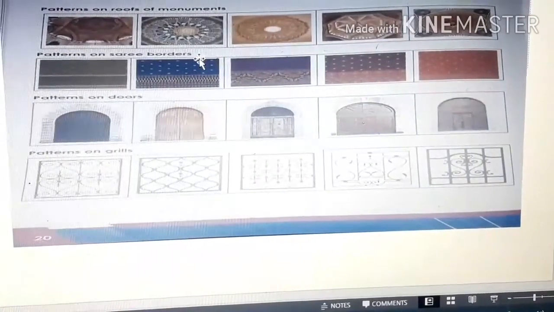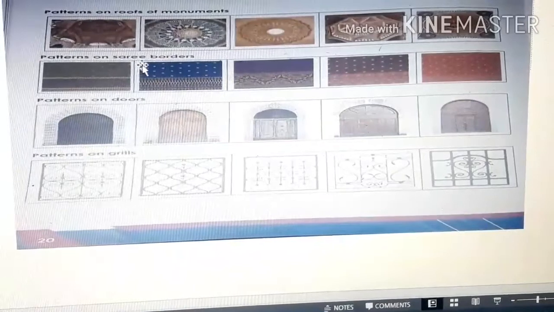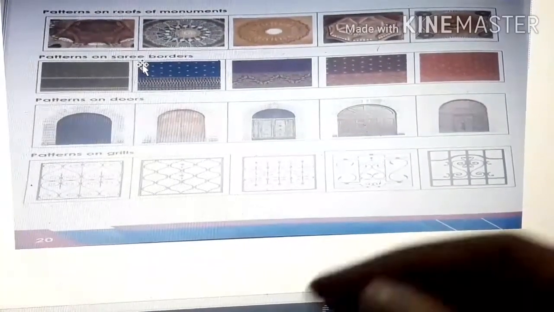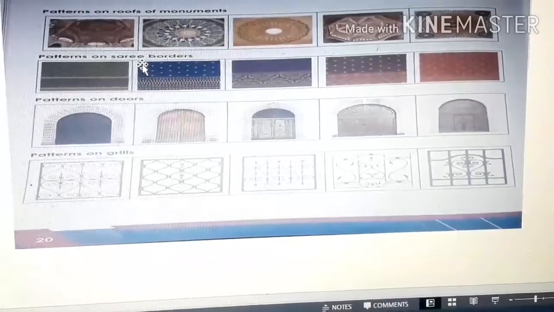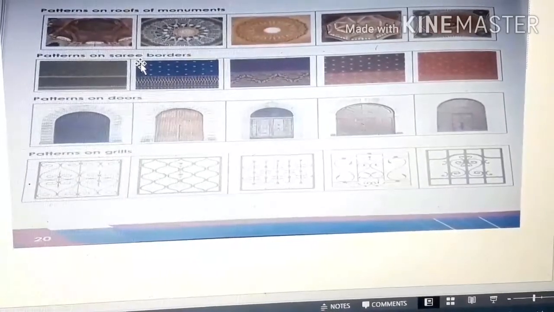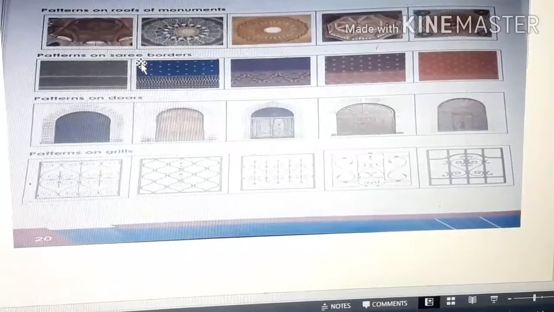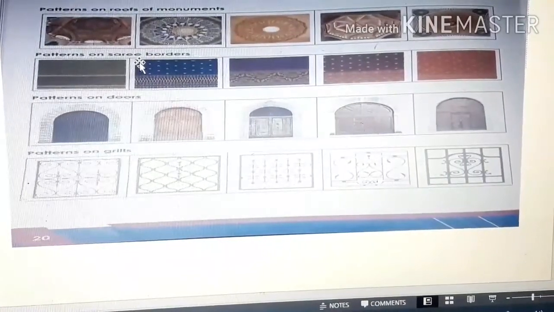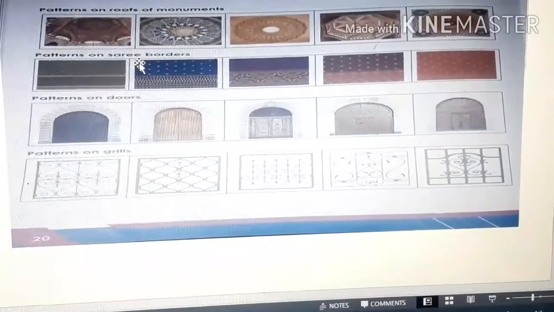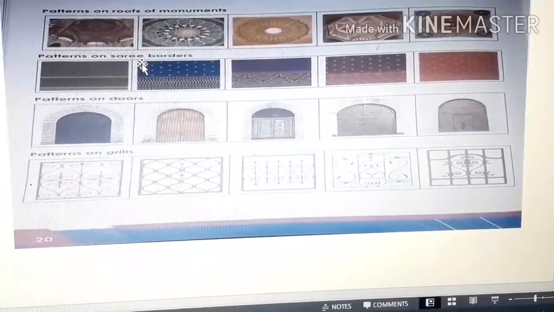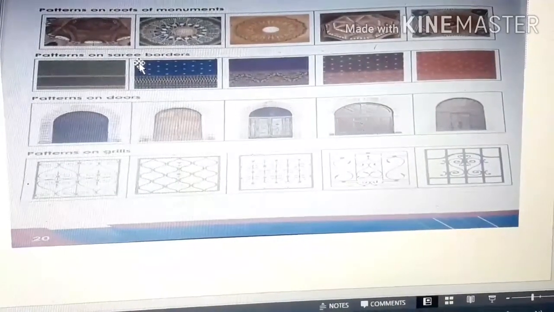Okay. Next is what, children? Patterns on sari borders. If you see your mother's saris, there are borders, right? So one sort of pattern is repeating there. You will see one sort of pattern repeating in the sari border also. Just see in your mother's sari.